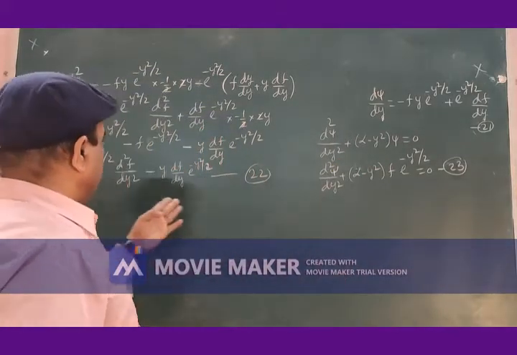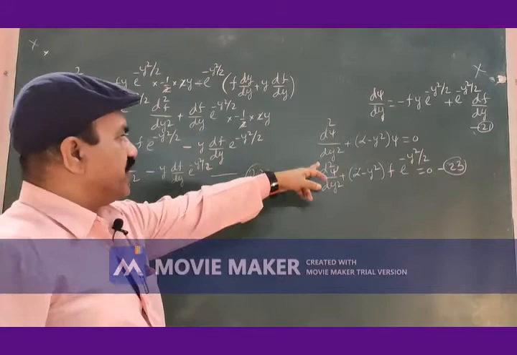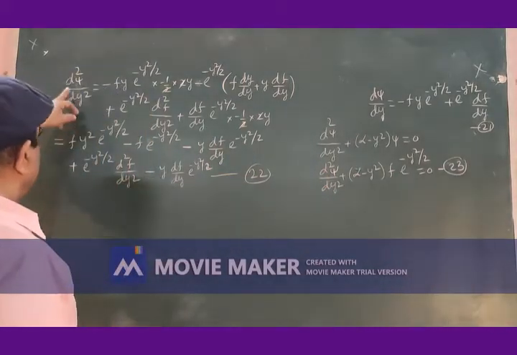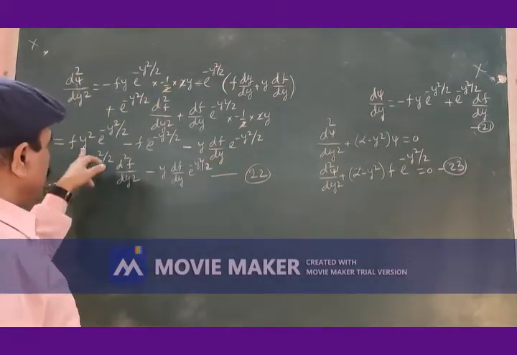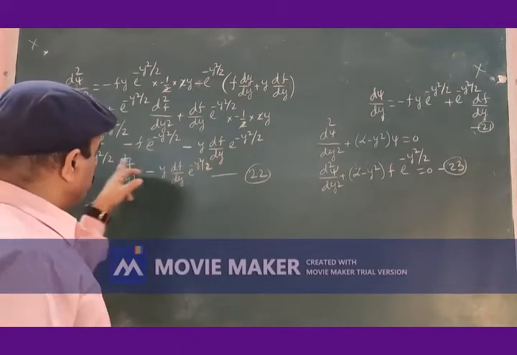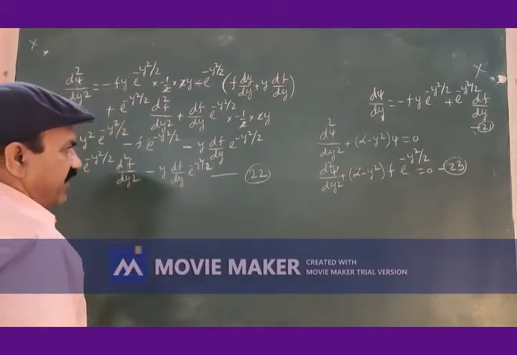Now, in equation 13, let us substitute 22. For this d2 psi by dy square, let us put equation 22. So, this value is to be written for d2 psi by dy square.